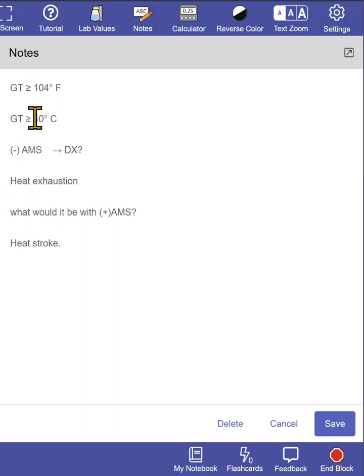Actually, heat exhaustion is characterized by hyperthermia that's typically less than 104, less than 40 degrees, so excuse me on that. 40 degrees is getting crazy.